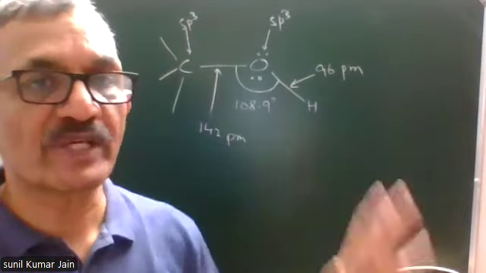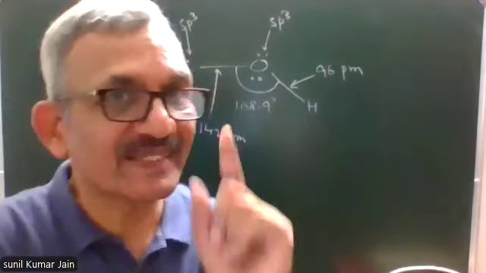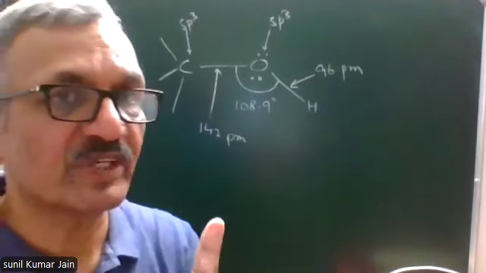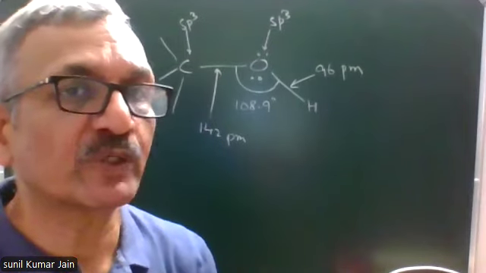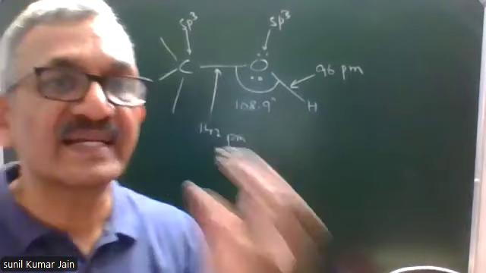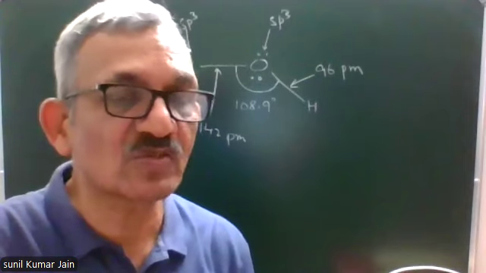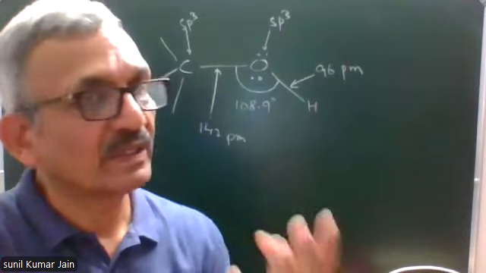You have written almost everything about the structure of the group. You have to write just one small sentence. If there is sp3 hybridization, bond angles are expected to be 109.28 degrees, but in this case the bond angle is slightly less than 109.28 degrees. Why? If you remember, in 11th you studied, this is due to LP-BP repulsion.